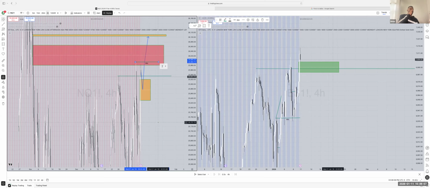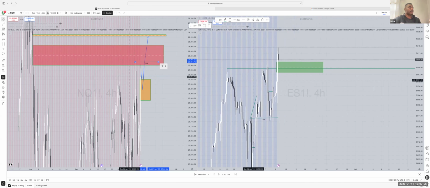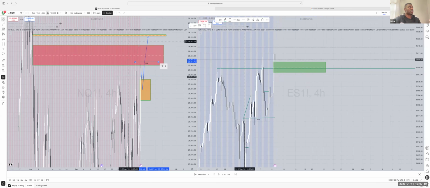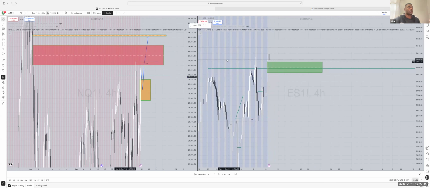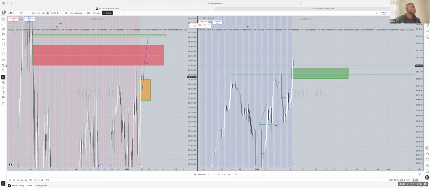So you don't want to hold trades into these zones and hope and pray. You should have a target and manage that trade as it runs towards the target. Like you guys know, there's plenty of times where I take these trades and they don't hit the full target, but I am able to get something out of the trade because I manage my stop loss. So again, just doing all that stuff.